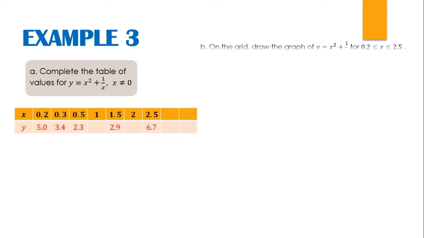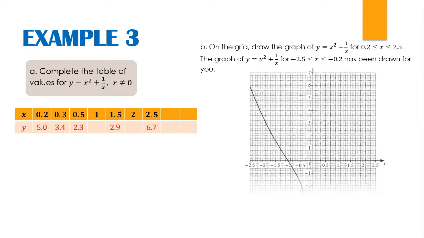On the grid, draw the graph of y equals x squared plus 1 over x for x more than or equal to 0.2 and x less than or equal to 2.5. The graph of y equals x squared plus 1 over x for x more than or equal to minus 2.5 and x less than or equal to minus 0.2 has been drawn for you. This is the graph.